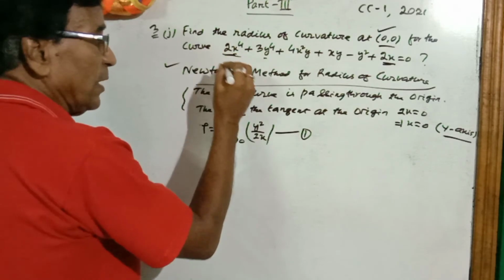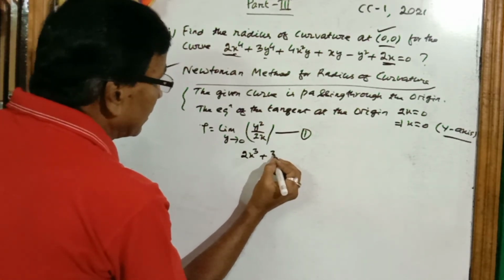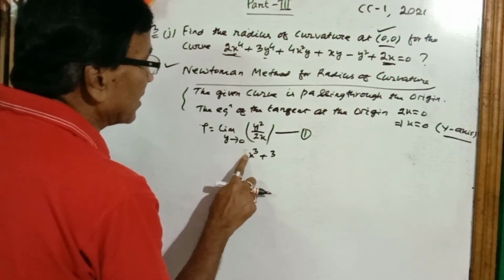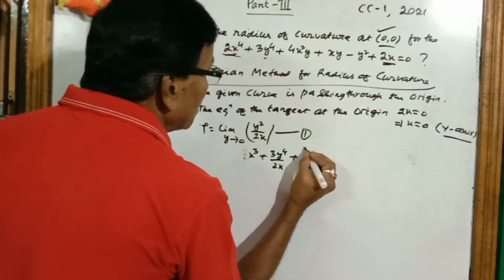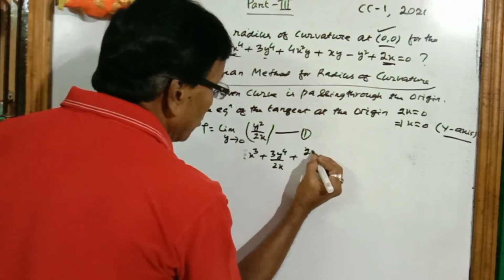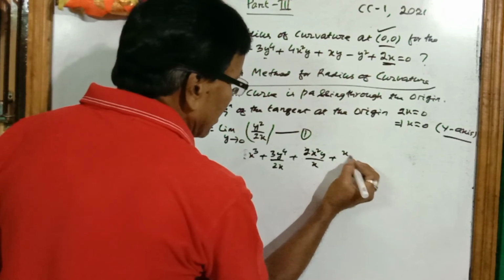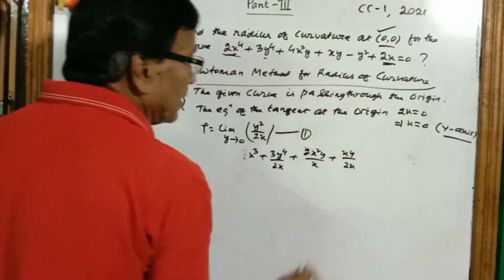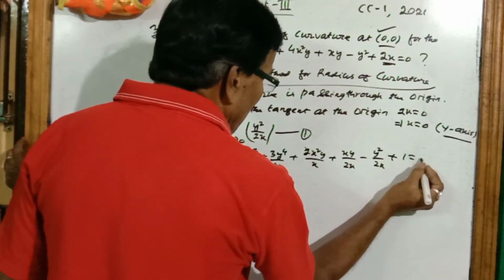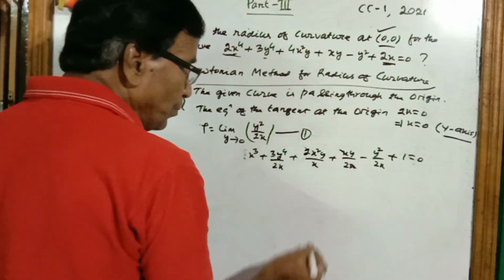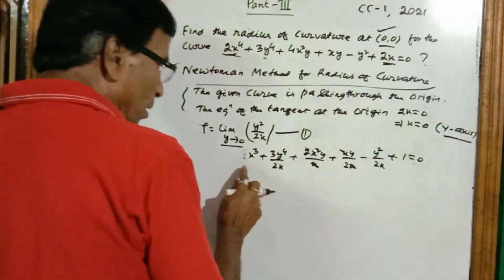On dividing the entire equation by 2x, we get 2x cube plus 3y to the power 4 divided by 2x, plus 2 into x square y divided by x, plus xy divided by 2x, minus y square divided by 2x, plus 1 is equal to 0. So here x cancelled out.